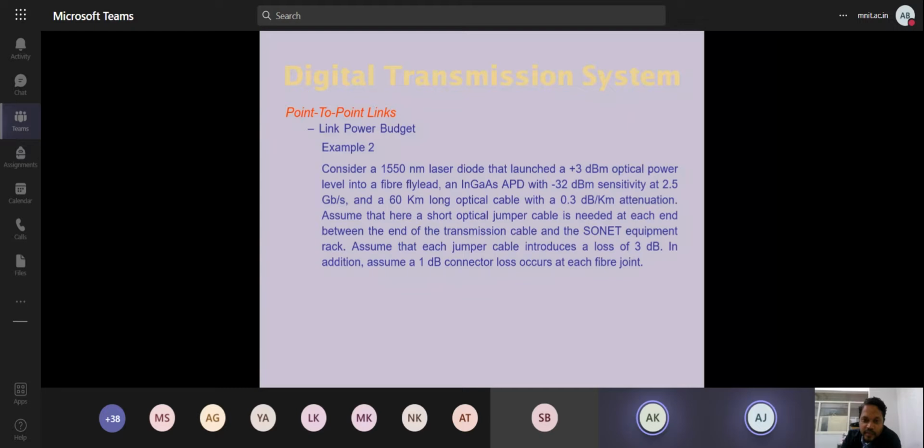Sir, how do we get the number of connectors? What is mentioned here is a jumper cable, right? You're familiar with patch cords, right? Yes, sir. I have also shown this in the lab. In the lab also we have patch cords.